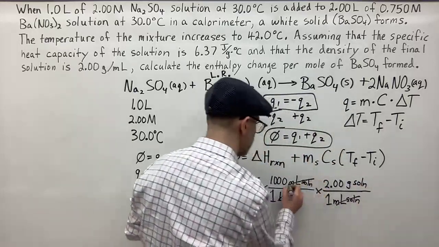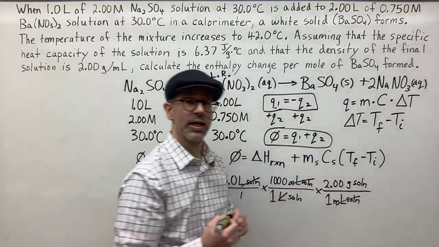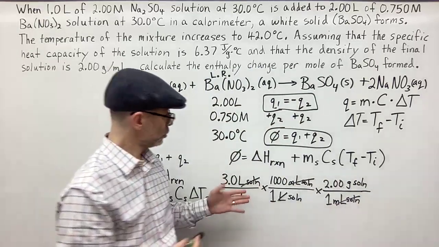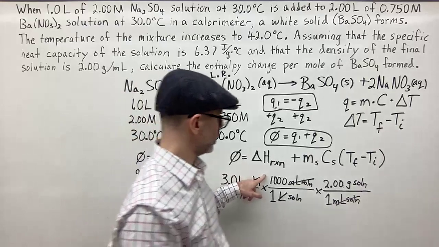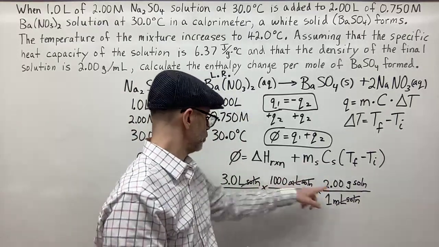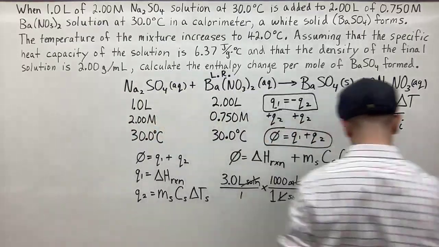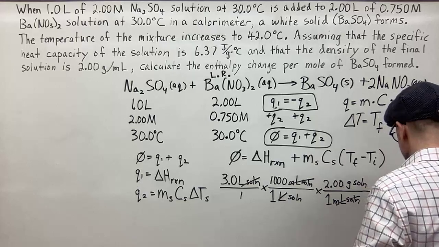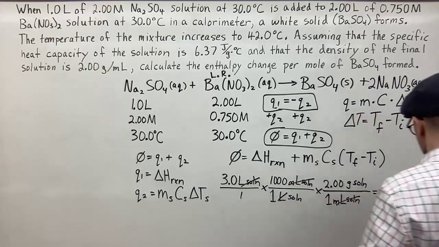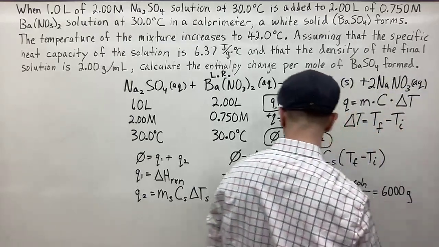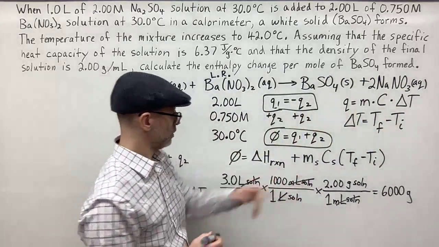So milliliters are going to cancel out. Now that I have grams, I have the mass of the solution. So now I can multiply 3 times 1,000 times 2. 3 times 2 is 6, times 1,000 is going to be 6,000. So that's going to be equal to 6,000 grams of solution. That's going to be the mass of the solution.